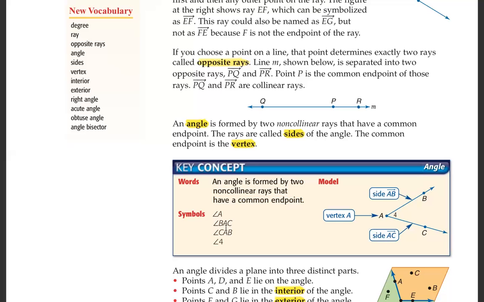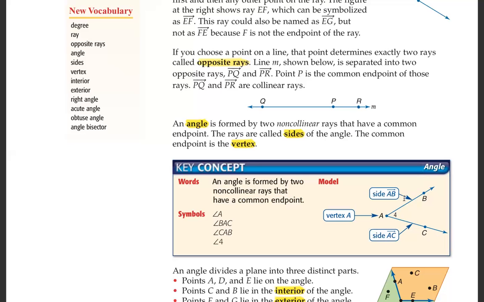An angle is composed of a vertex and sides. So you should always have two sides. You cannot have an angle if you only have one side. You cannot have a corner in the house if there's no other side in your house. So you always have two sides. When you look at this angle, this side is a ray, so ray AC or side ray AC.